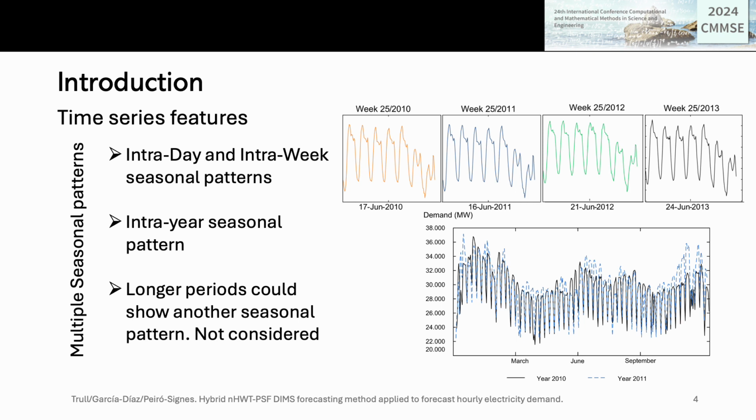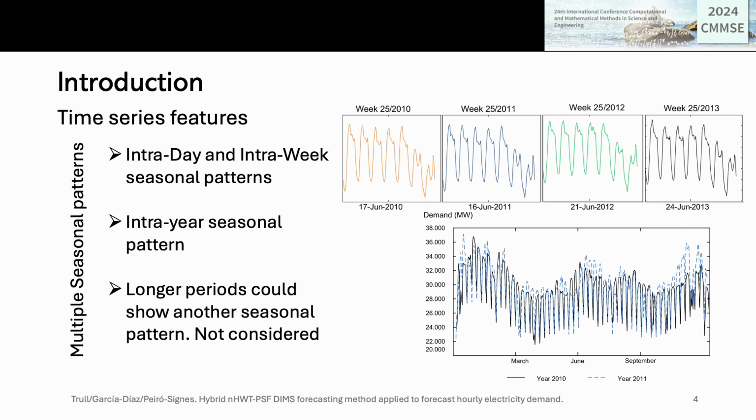Any method the TSO can use to produce forecasts, such as machine learning, even deep learning, statistical methods, functional methods or whatever, will need to have a time series approach. Let's analyze the features of the typical time series for electricity demand.